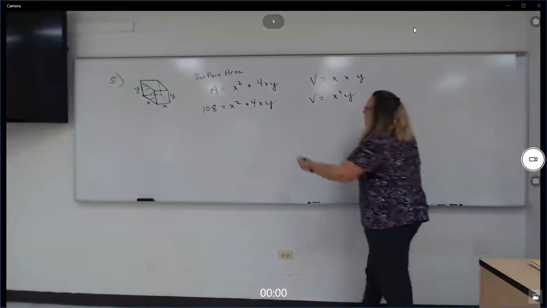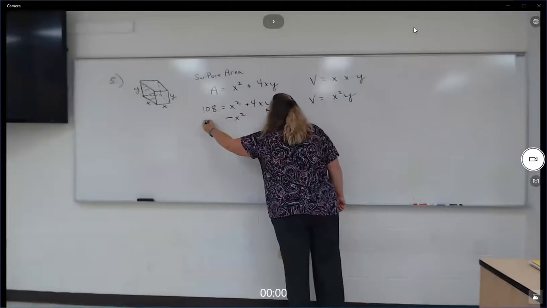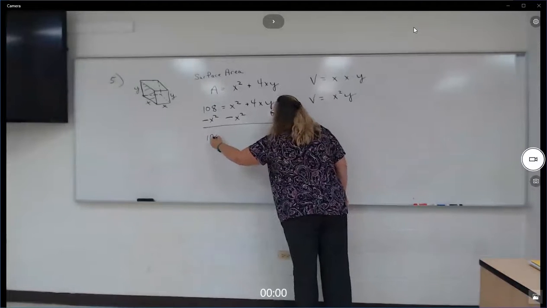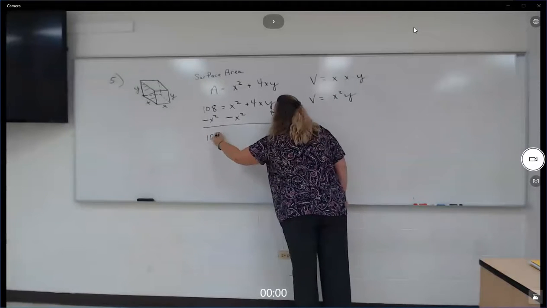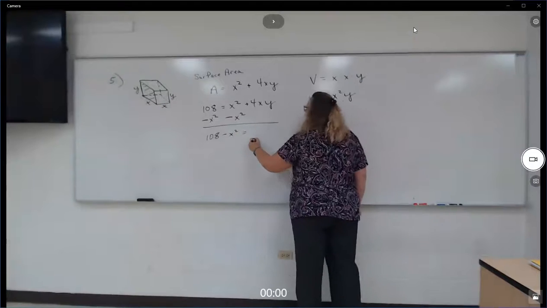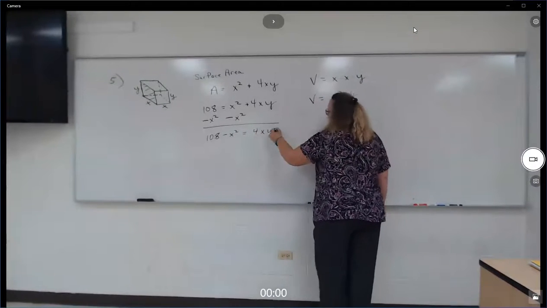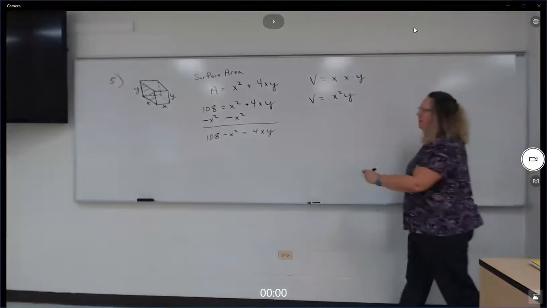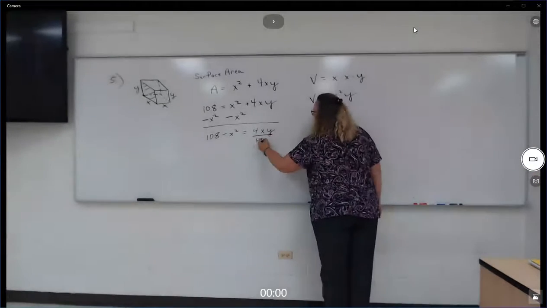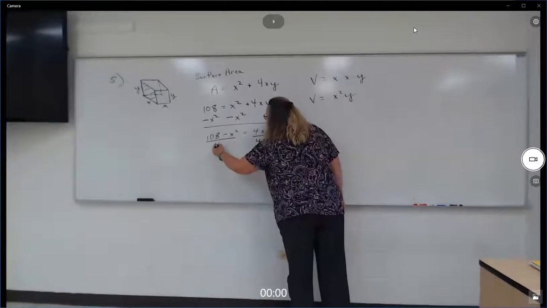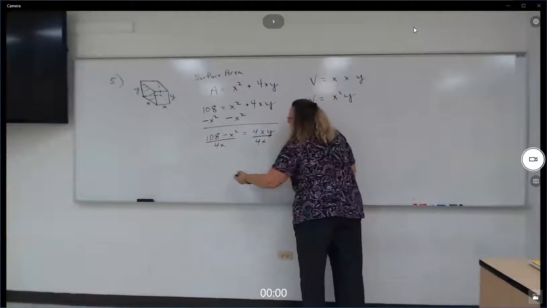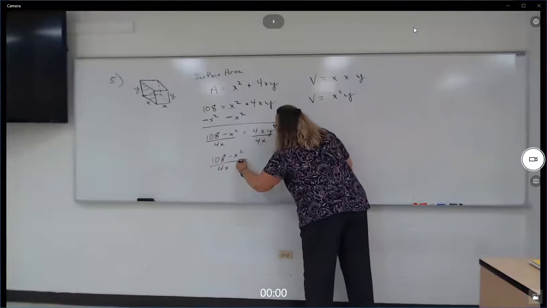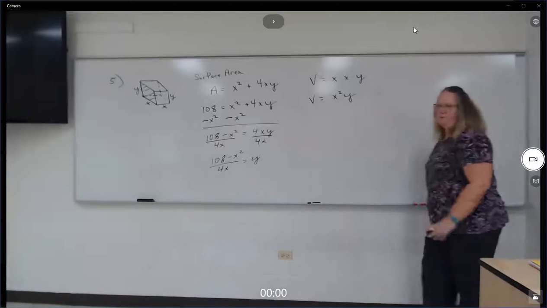So this is a little bit messier. So let's subtract x squared. We have 108 minus x squared equals 4xy. And then we're going to divide everything by 4x.